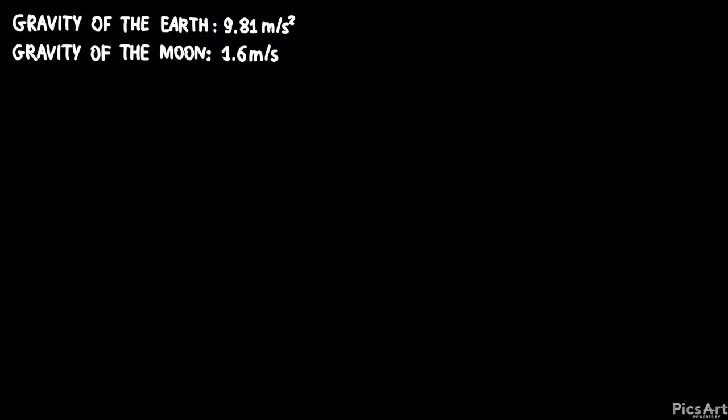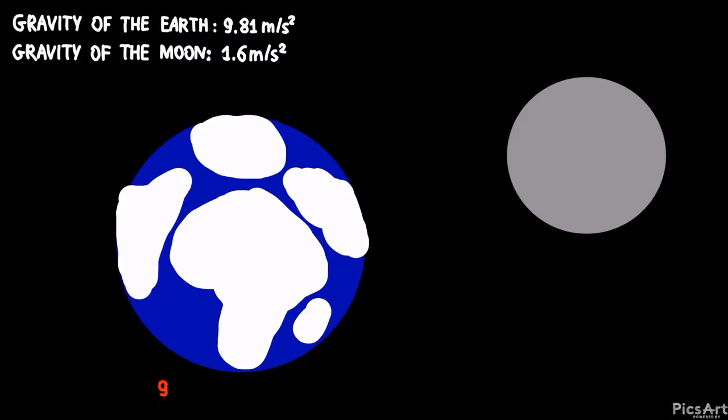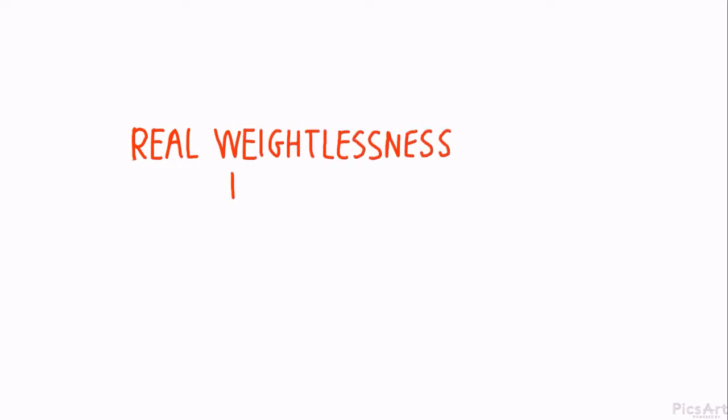Gravity of the Earth is 9.81 meters per second squared, and the gravity of the Moon is around 1.6 meters per second squared. The gravity of the Earth is greater than the gravity of the Moon. When we check real weightlessness, it is 0.